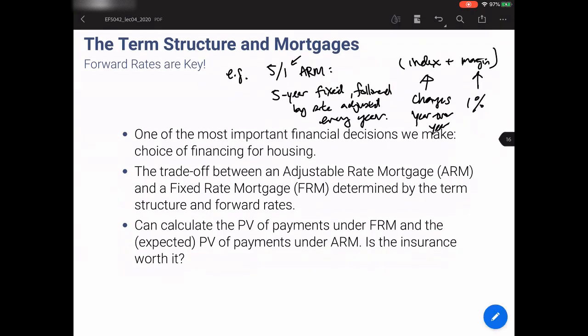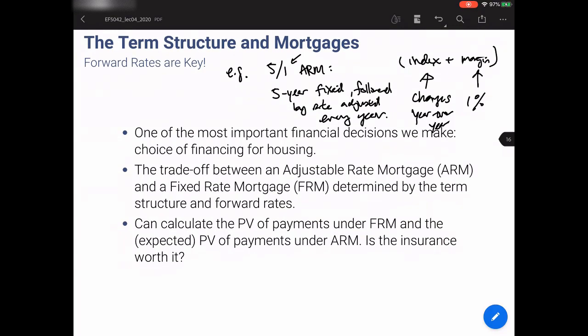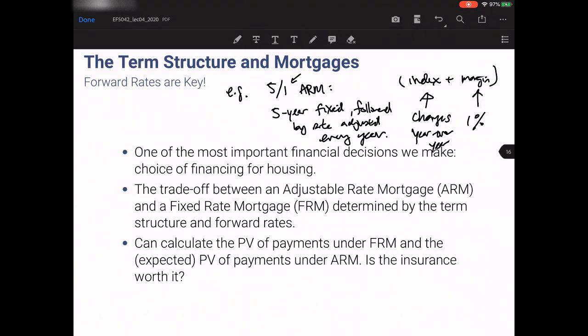So as you can see, this is allowing yourself to be exposed to some kind of risk, and therefore you can think of fixed interest rate mortgages as some kind of insurance, right? Because once you have a fixed rate, you no longer are exposed to interest rate fluctuations that cannot be known at time zero. Okay.